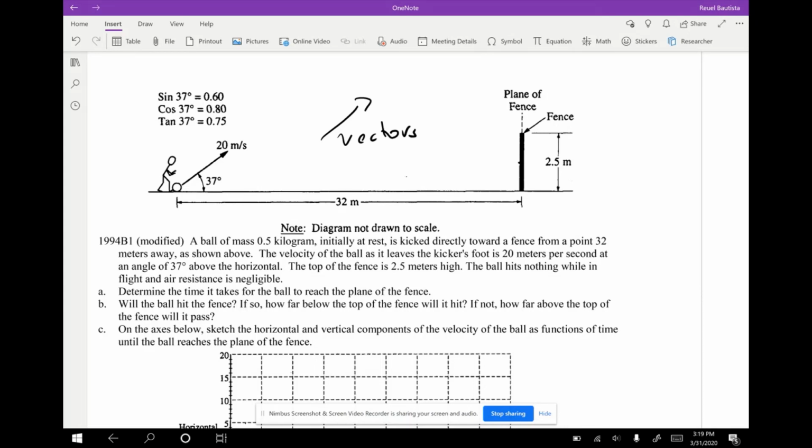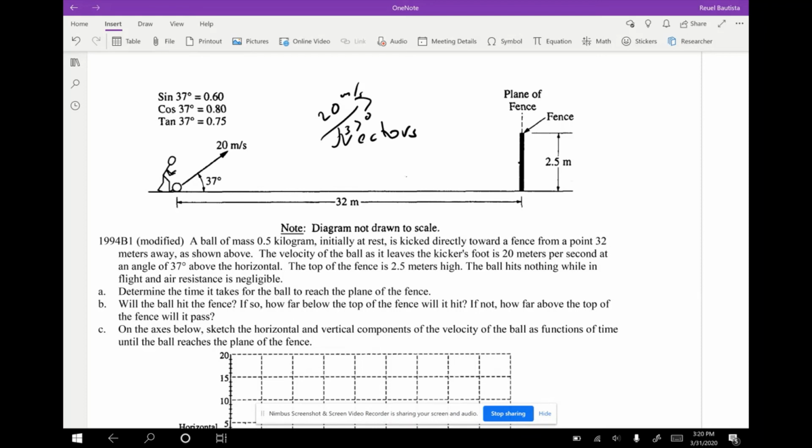Luckily for us also, especially if we don't have calculators, they give us what sine and cosine are. So instead of 20 times sine of 37, we can do 20 times 0.6, and 20 times cosine of 37 is 20 times 0.8. Again, should be simple.